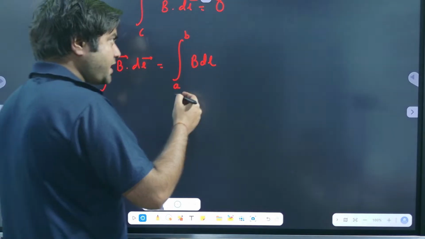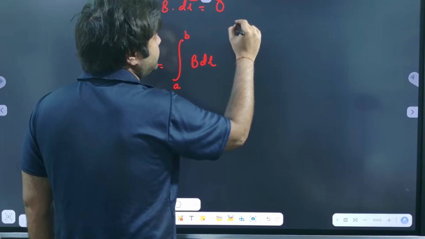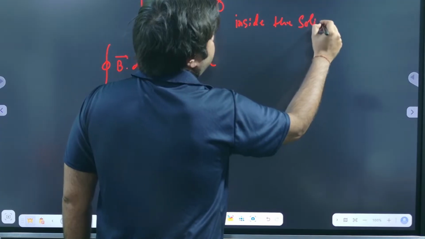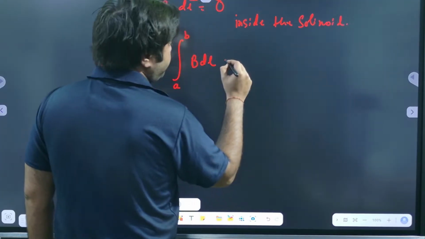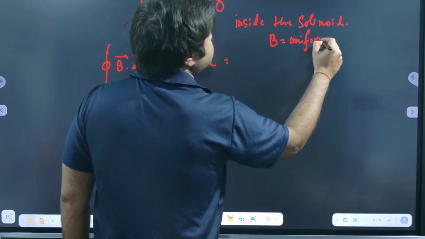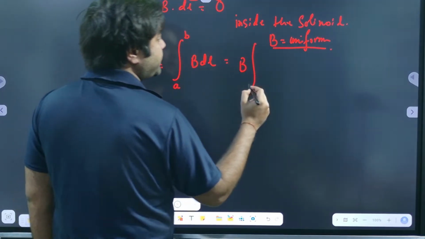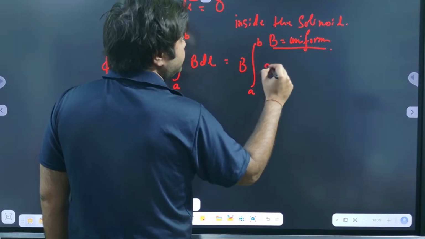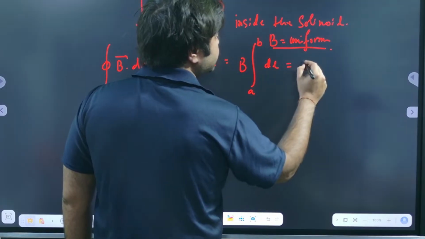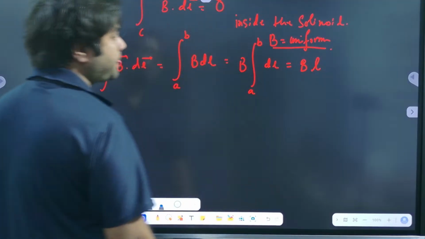And I am calculating the magnetic field inside the solenoid, and B is uniform in nature. So I can easily take this B out of the integration, A to B dl, and पहले ही हम लोगों ने ये कंसीडर कर लिया था कि ये जो लेंथ है, this length is equal to L.